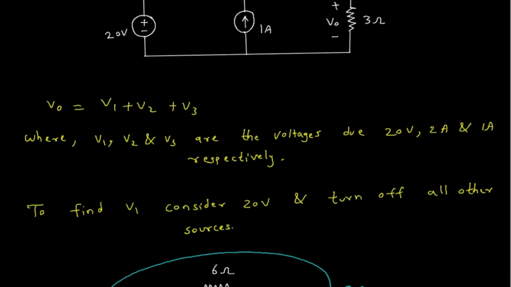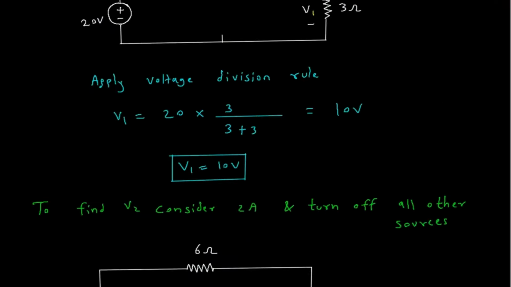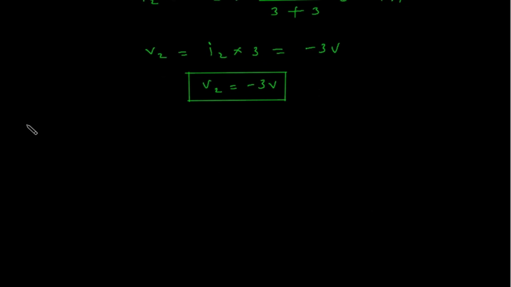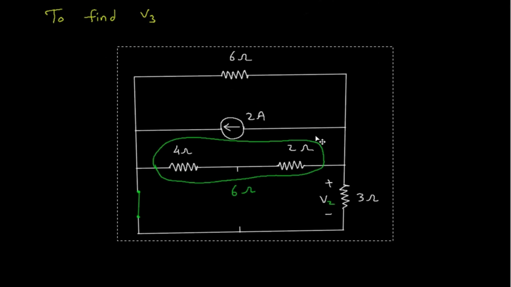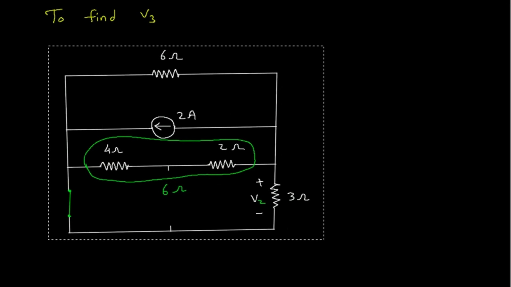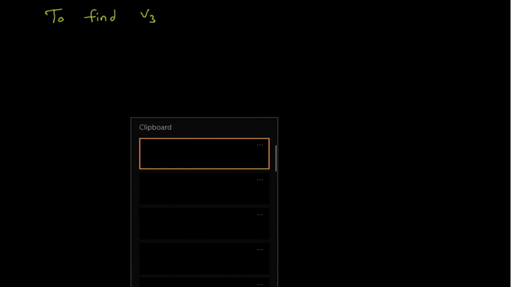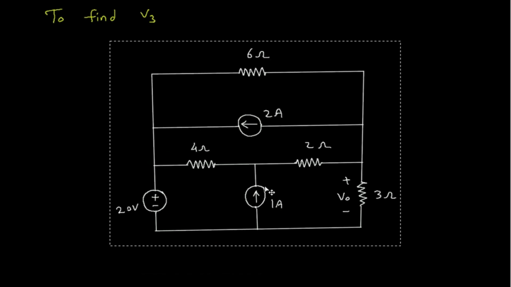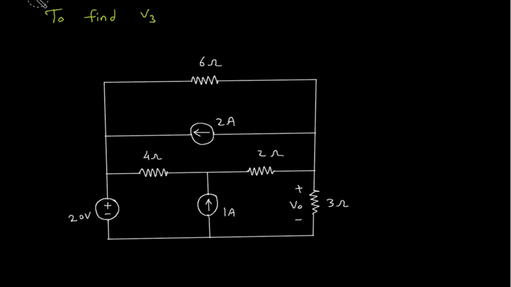Next, we have to find V3. So to find V3, we will consider this 1 ampere current source and turn off all other sources.